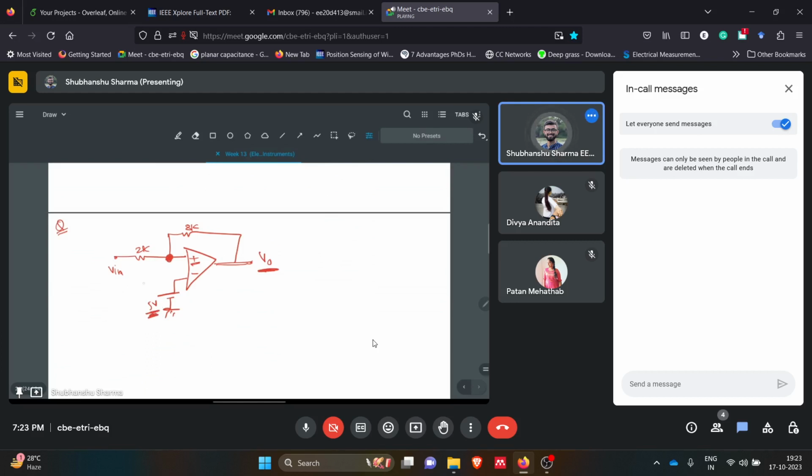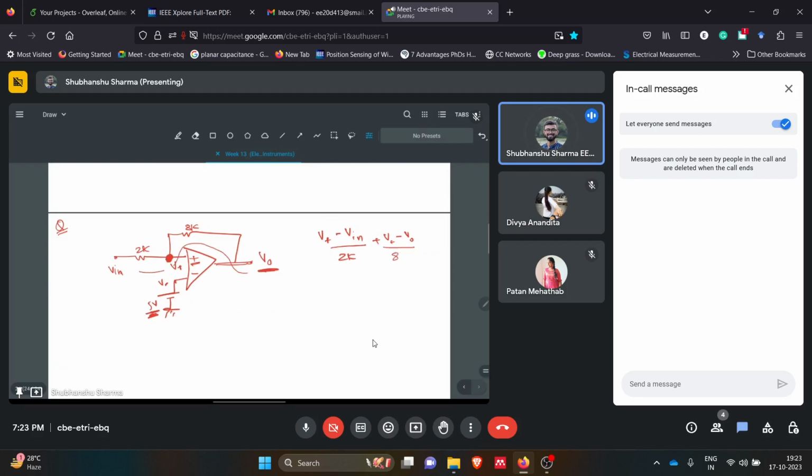Let's say this is V plus, this is V minus. So what will be V plus? I'm simply getting this expression of V plus in terms of V output and V input at this part.